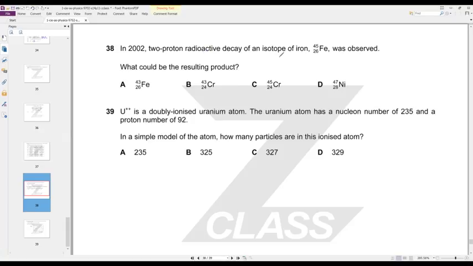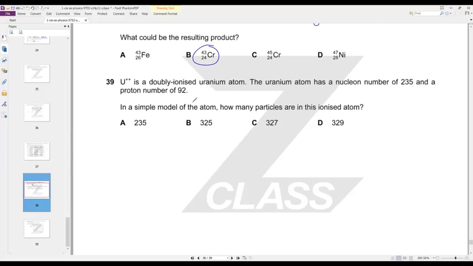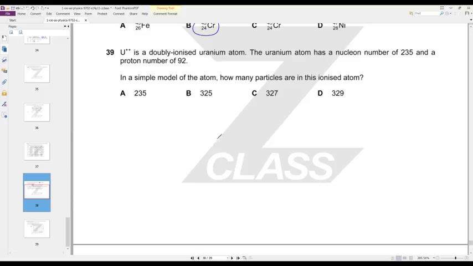So we're losing 2 of the proton number, but also 2 of our particle number in total, because the protons are gone. So both of them are going to go around the line 2, and we're going to get this one. A double ionized uranium atom has a nucleon number of 235, proton number of 92. How many particles are in this ionized atom? So 235 nucleons, we would have 92 electrons to match the 92 protons, except we've doubly ionized it, so we have 2 less. So we're looking for 235 plus 90, which is 325.